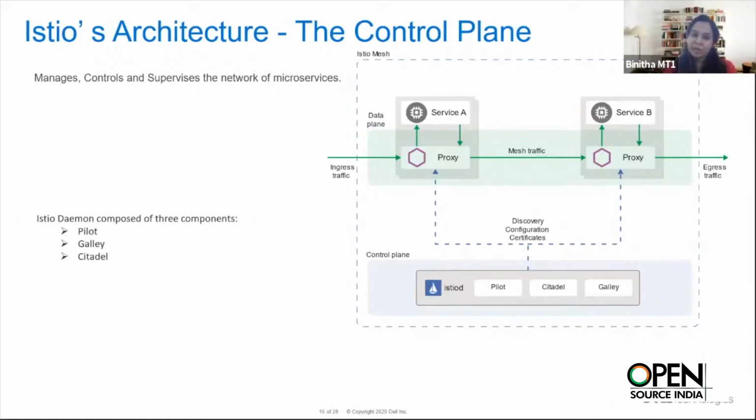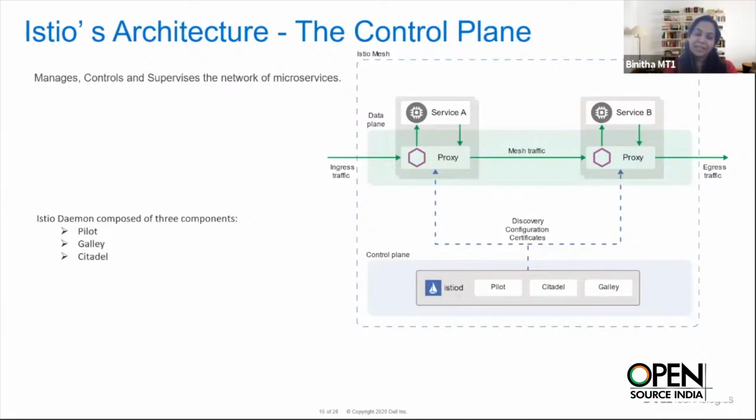Galley is like a configuration manager. So you are writing your own Kubernetes YAML file, but how will you make it converted to Istio configuration? All these things are being done by Galley. Now we know what Galley is: a configuration manager. And whatever configuration Galley has given with respect to Istio is pushed to your proxy via Pilot. So Pilot is like a driver of Istio.